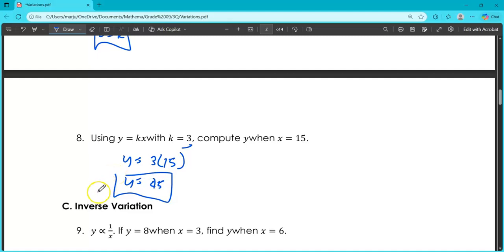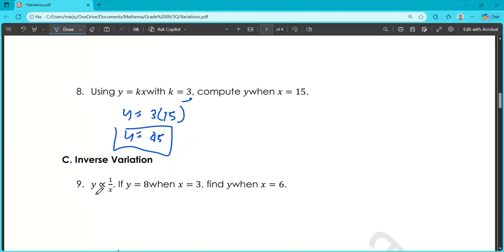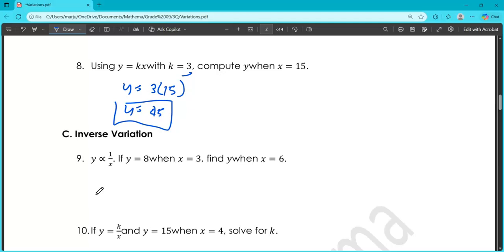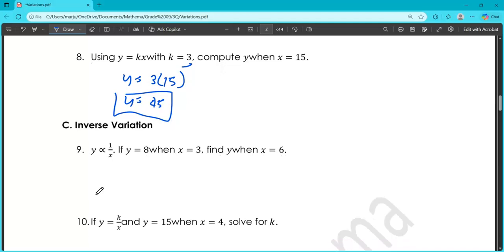Alright, let's do letter C. Number 9. If y varies inversely as x, and y equals 8 when x equals 3, find y when x equals 6. So again, our formula here is y is equal to k over x, right?